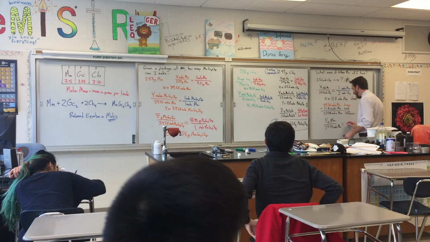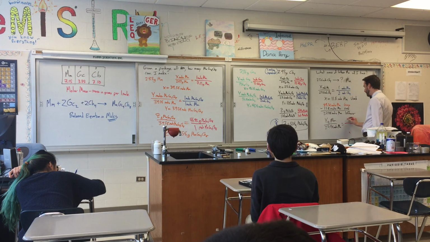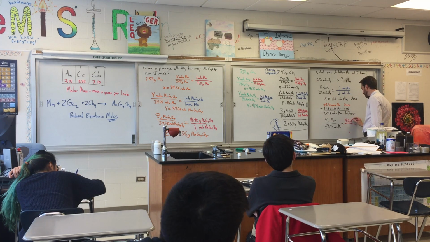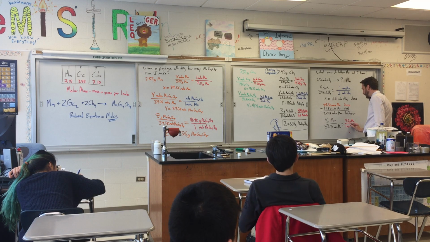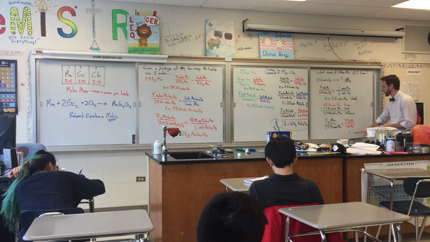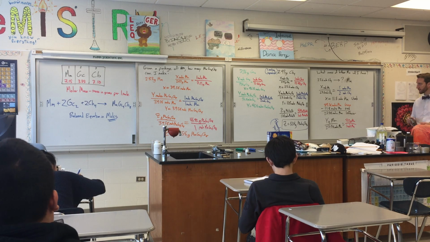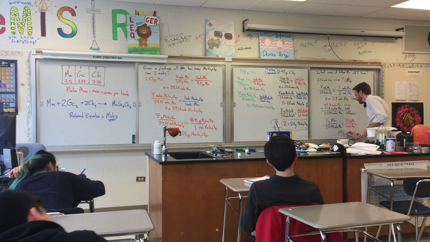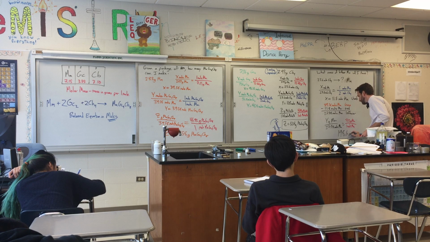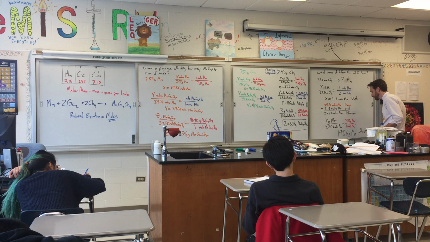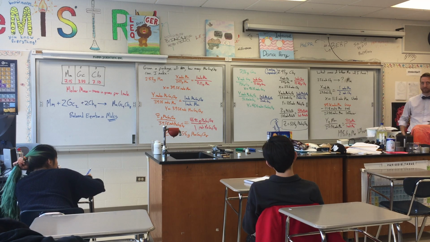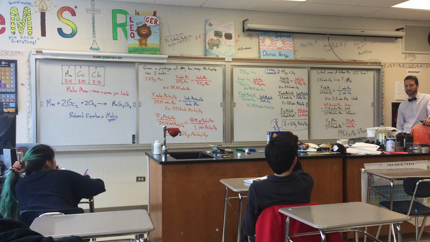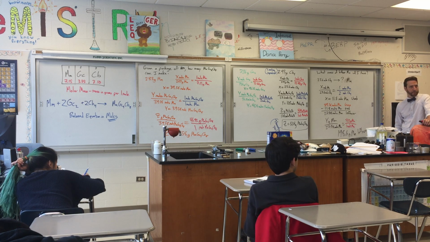I don't know, but I know that X grams is proportional to 1 mole of marshmallows, 7.15 grams. So 198.627. So this is how many grams of marshmallows are going to be left over. 198.6 grams. Okay?